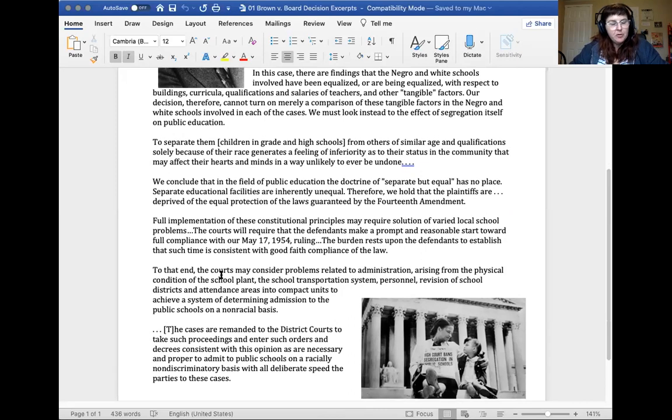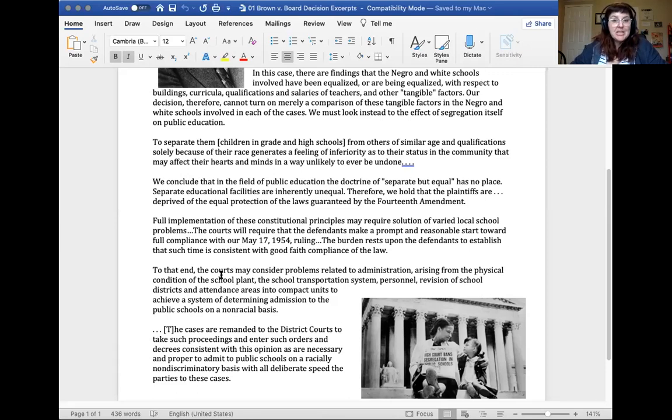Full implementation of these constitutional principles may require solution of varied local school problems. The courts will require that the defendants make a prompt and reasonable start toward full compliance with our May 17, 1954 ruling. The burden rests upon the defendants to establish that such time is consistent with good faith compliance.